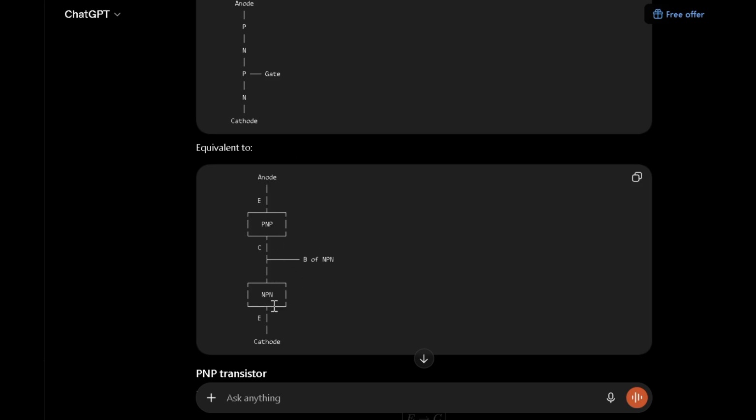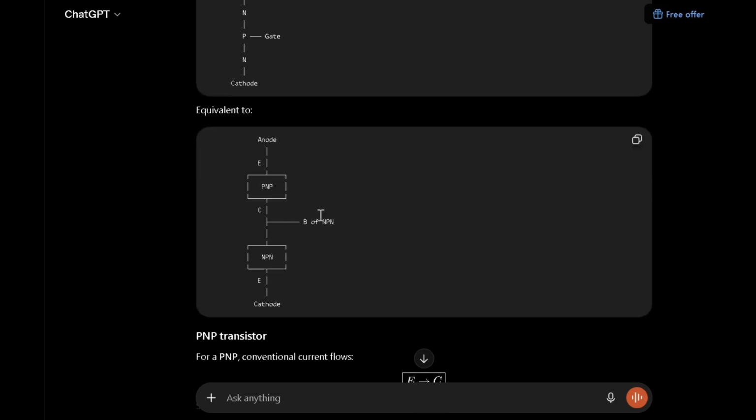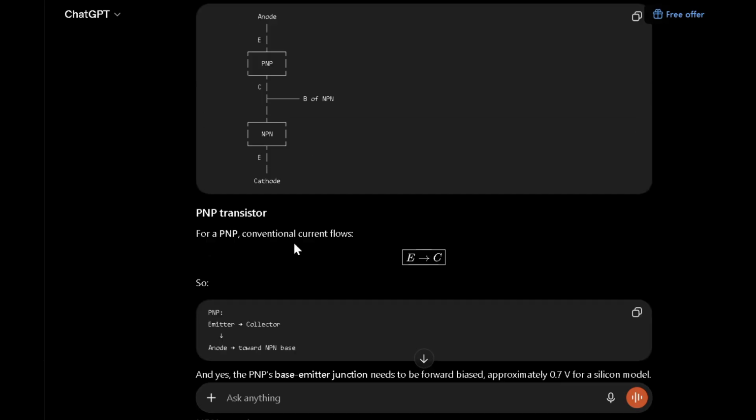The collector is connected on this side, the emitter on this side. That's the confusion. That's the doubt I got.